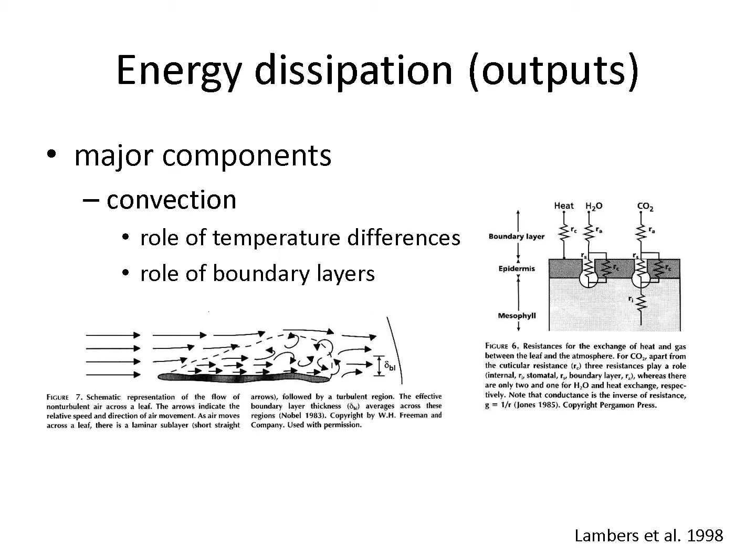So heat is transferred from the leaf to air molecules around the leaf, and those air molecules then move away from the leaf and transfer energy away from the leaf. Convection can be modified in a couple of ways. In terms of temperature difference, the bigger the temperature difference between the leaf and the air, the higher the rate of convection.